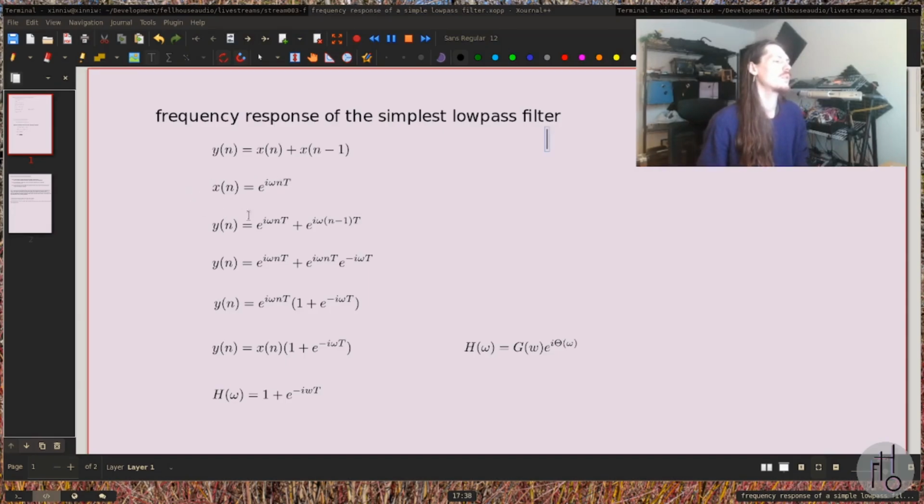So we will plug an oscillating function into this. We could plug in sine of omega n t, right? A sine wave. But then we wouldn't be able to figure out what the filter is doing with phase. So instead, we want to plug in a more general function.